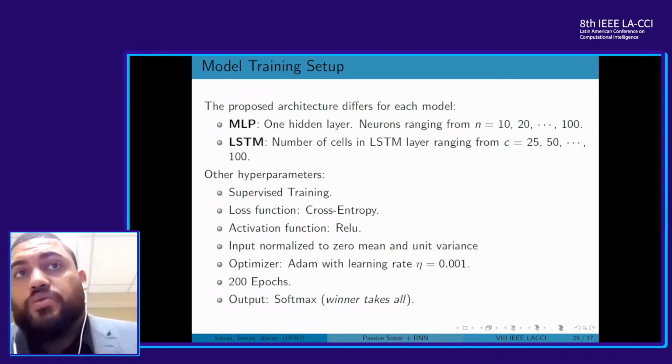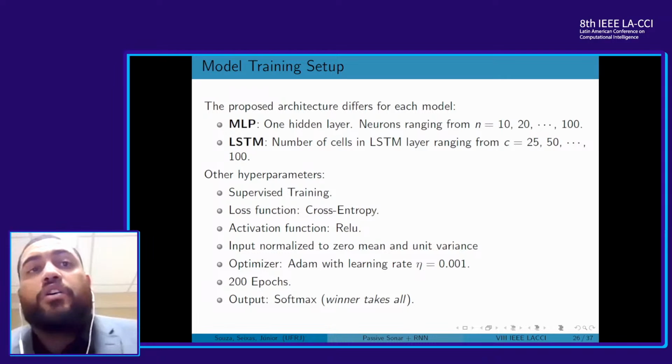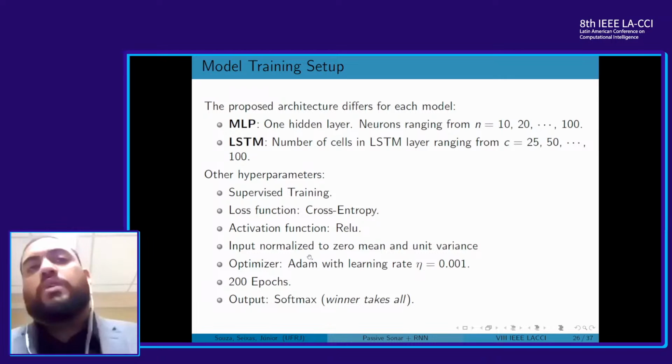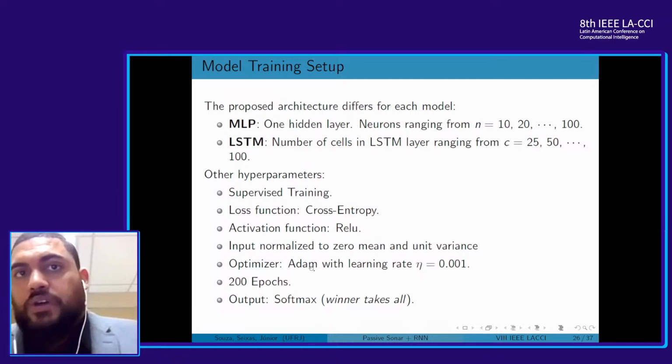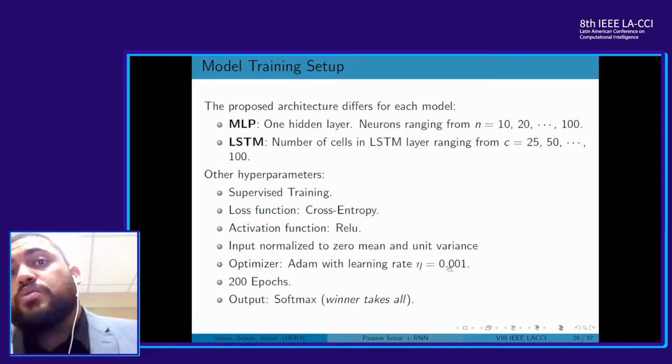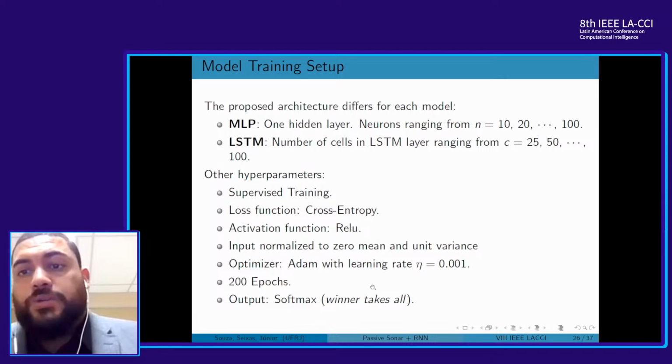Our loss function was cross entropy. Our activation function was ReLU, and we normalized our inputs to zero mean and unity variance. The optimizer was the Adam optimizer implemented with TensorFlow, the learning rate was 0.001, with 200 epochs, and softmax was used as output.